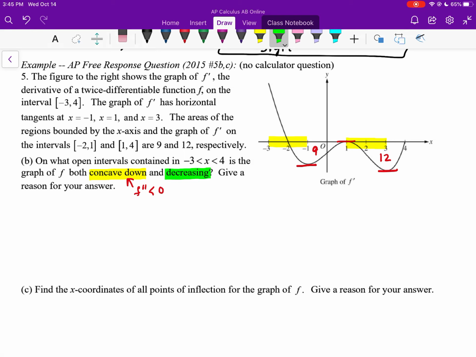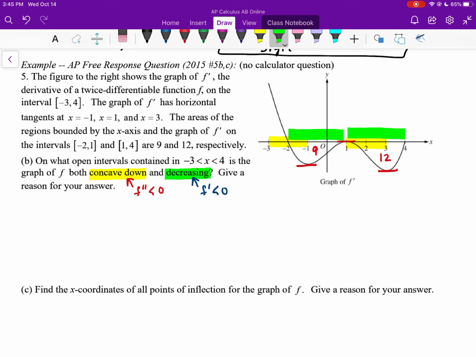Now they're asking about decreasing. What does decreasing mean? Decreasing means that my first derivative is less than 0. And so I have a graph of the first derivative, and my first derivative is less than 0 when the y values are less than 0. And so over here on this region from -2 to 1, my first derivative is negative, and from 1 to 4, my first derivative is negative.